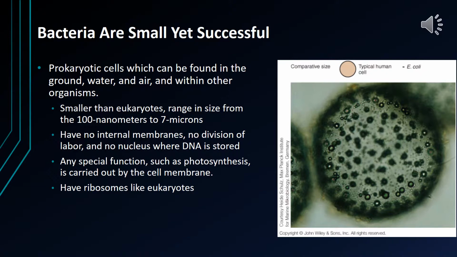Any special function that bacteria need to carry out, such as photosynthesis or cell respiration, must be carried out through the aid of the cell membrane. However, bacteria do have ribosomes like eukaryotes because they're going to need to translate protein from RNA as well.